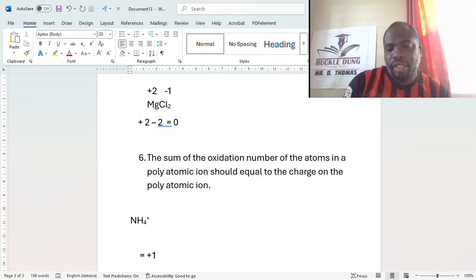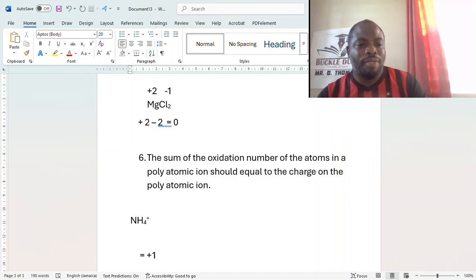Now, here's the thing, and I spoke about those elements. Nitrogen is a problem element. We have some elements that give problems. Anybody is a problem student, teacher. So with those elements, you can't just look at them and say, oh, I know their oxidation number.